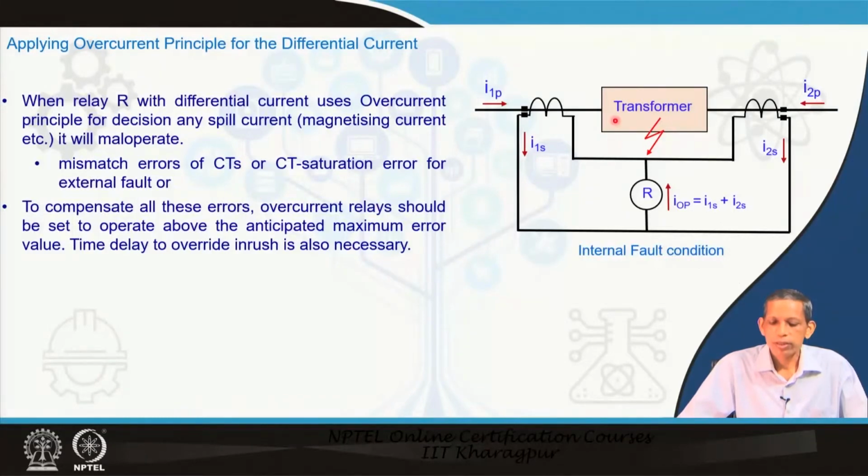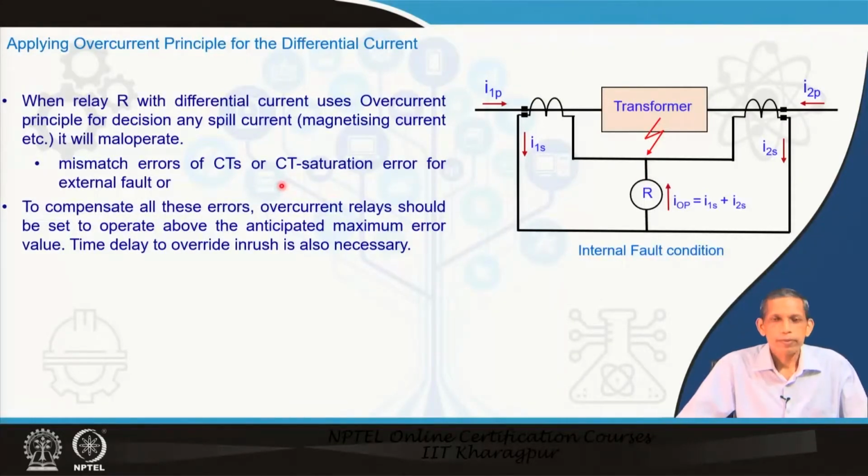Number one, the transformer has magnetizing current. If that flows only on the primary side, it will not flow on the secondary side. That means there is an additional current to the transformer on the primary side, and that will flow through this branch. That is the spill current flowing to the differential branch.